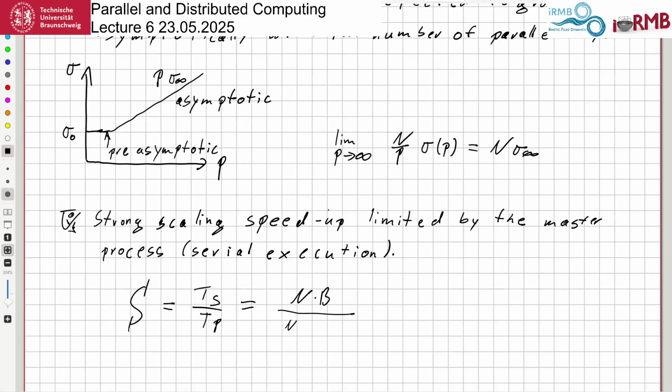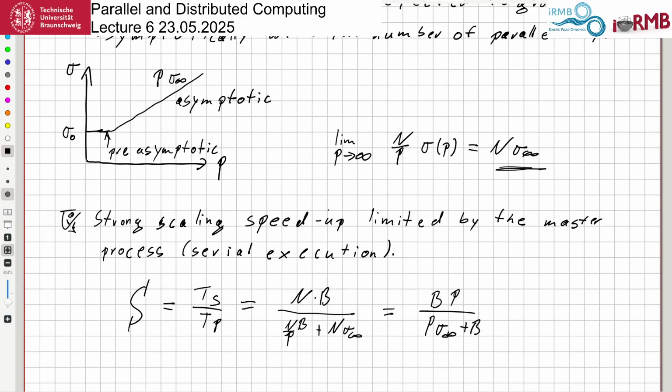This we have here too, just that the amount of work is divided by the number of processors, plus the amount of work times the dispatch time, which we can rewrite, because there's an n everywhere, as b divided by p plus sigma.